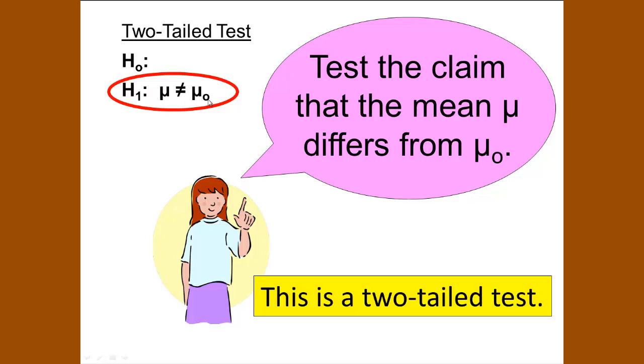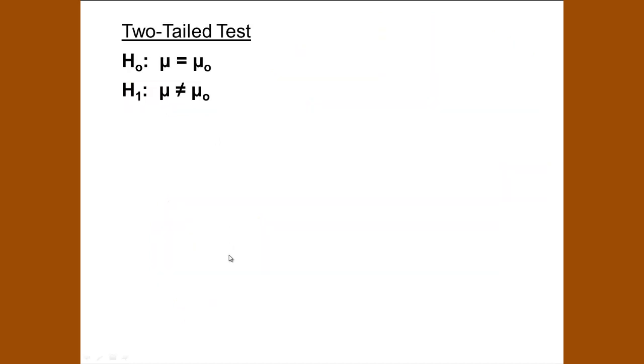Again, because it doesn't contain the condition of equality, that means it goes into the alternate hypothesis. And that means that our null hypothesis is that the mean is equal to mu sub 0, or mu is equal to mu sub 0.